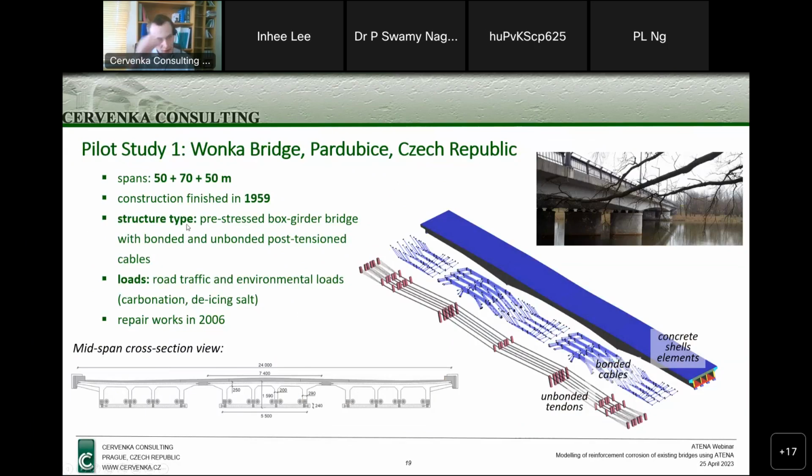This shows the bridge, which has 3 segments, the largest 70 meters in the midspan, and as I was explaining, it has both bonded and unbonded prestressing cables.